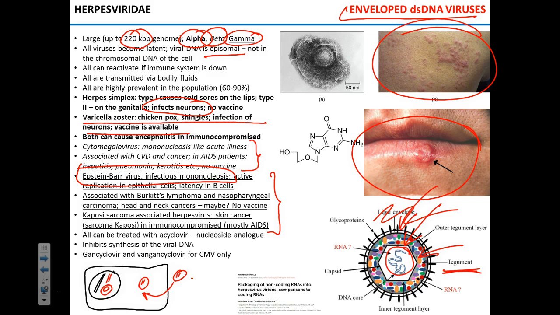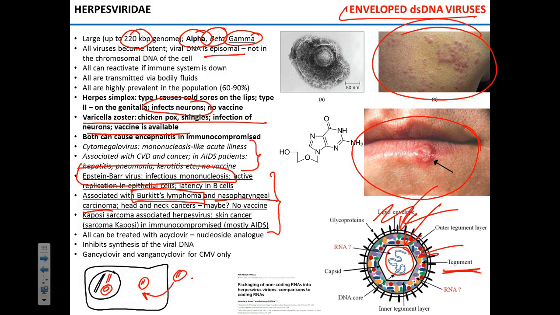It was actually discovered by two people, Epstein and Barr, in Africa. In Africa, the common complications of Epstein-Barr infection are two cancers, Burkitt's lymphoma and nasopharyngeal carcinoma. Burkitt's lymphoma is essentially a B-cell lymphoma.